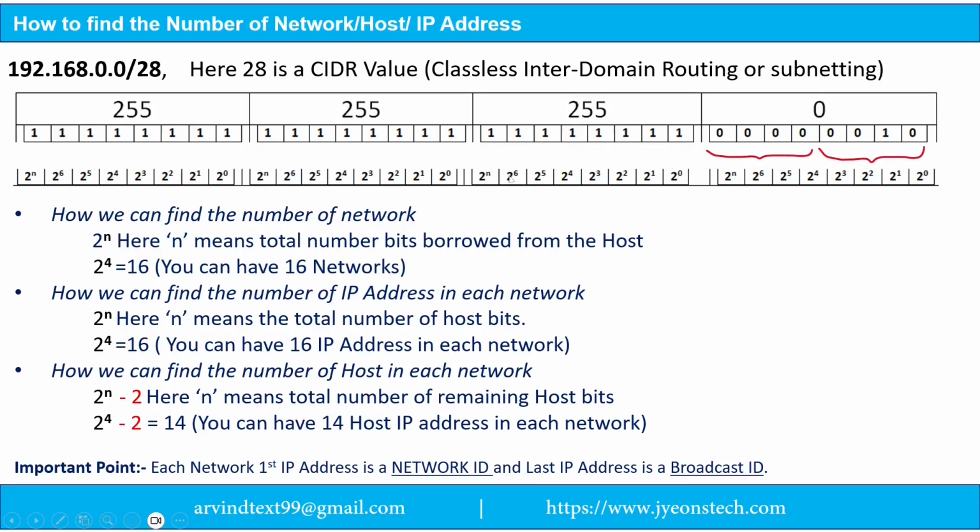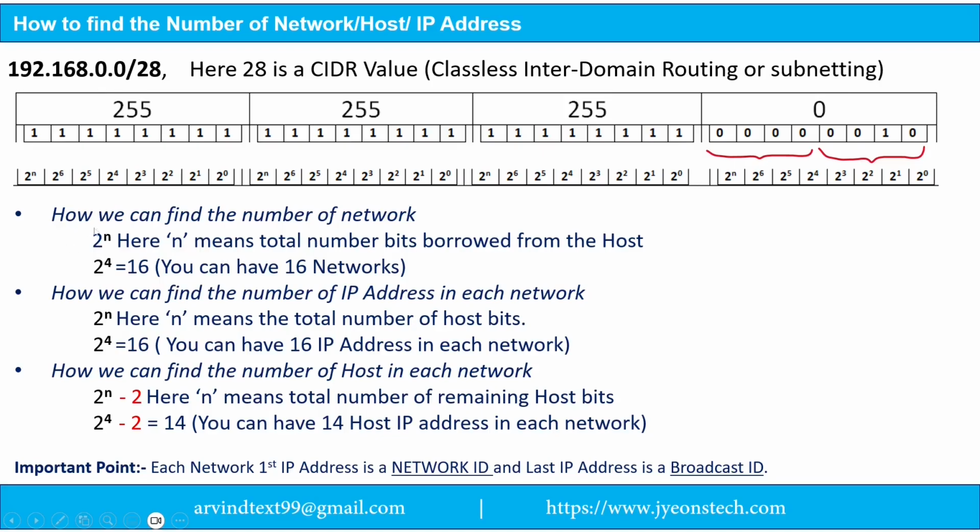So 8 plus 8 plus 8, that is 24, but here it is 28. So it will borrow 4 bits from the host. So 28 bits are used to identify the network, and these are the remaining host bits. So 4 bits are borrowed.